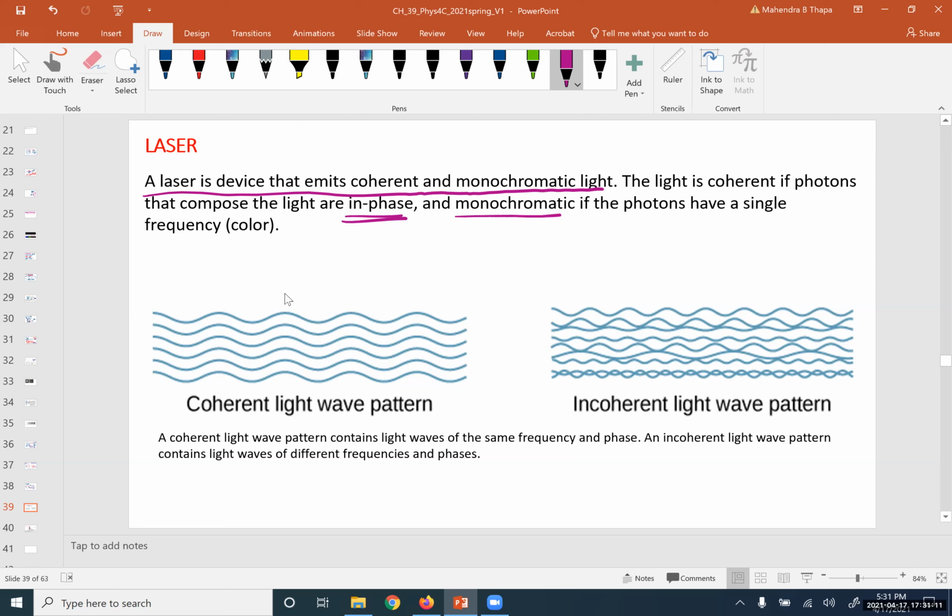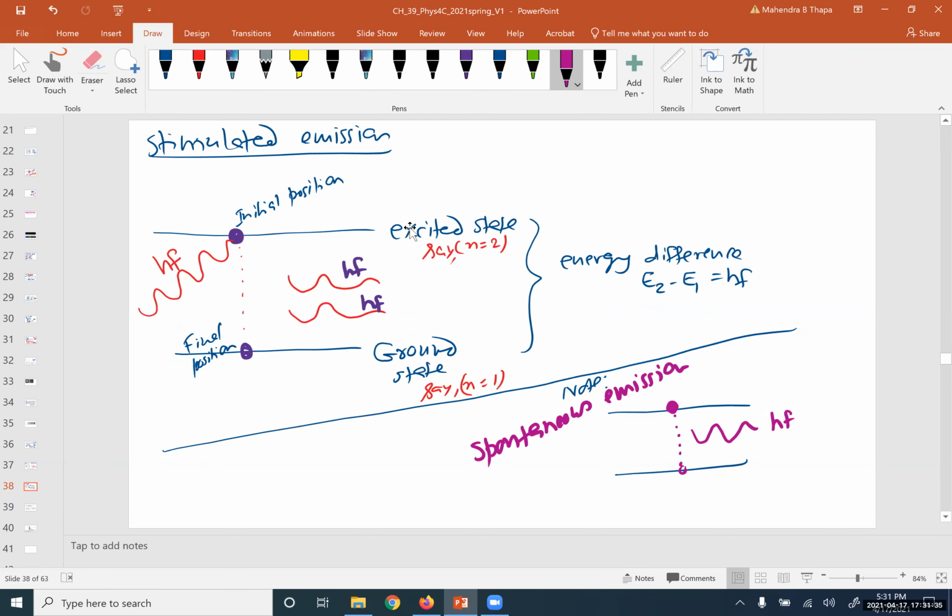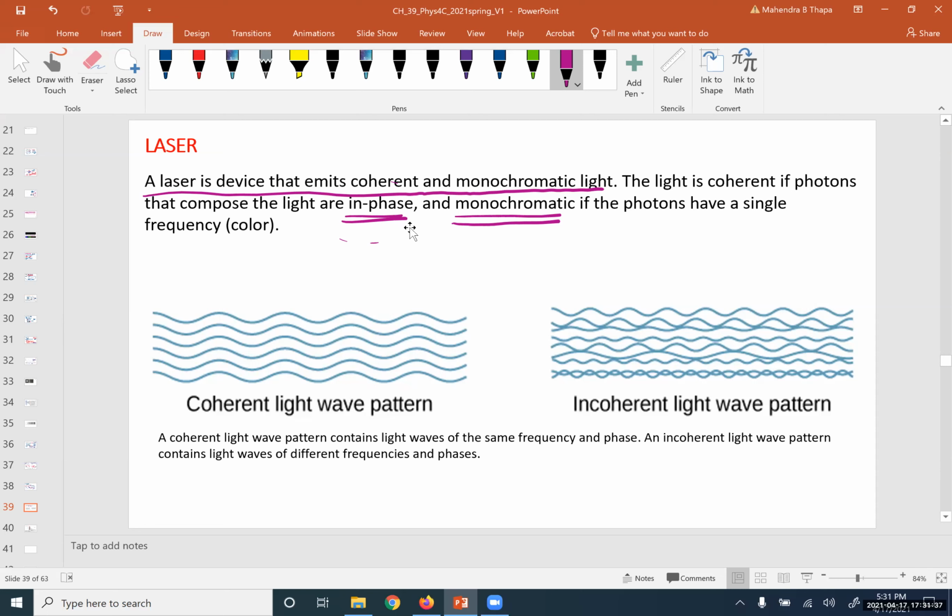So to have coherent light, three conditions should be fulfilled: in phase, and monochromatic, which means single frequency. To maintain the in-phase condition, we should have stimulated emission.